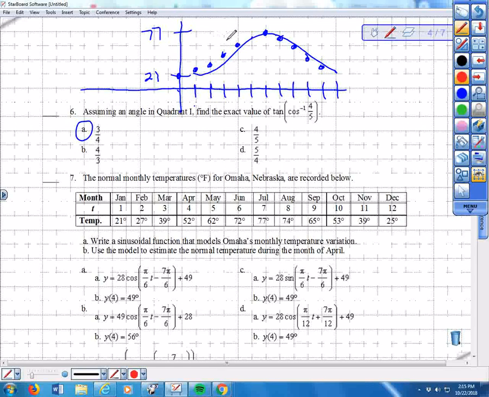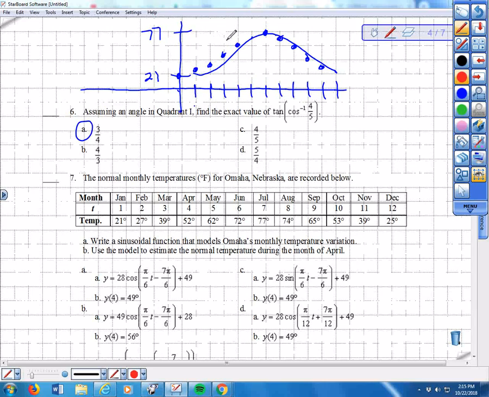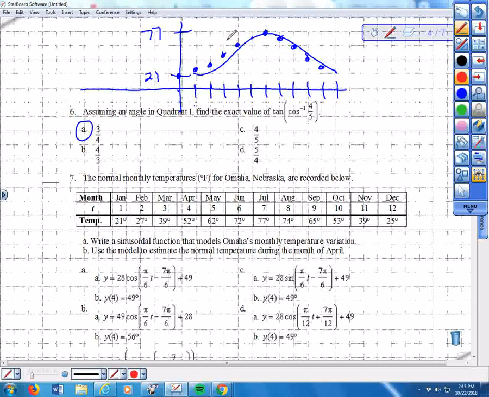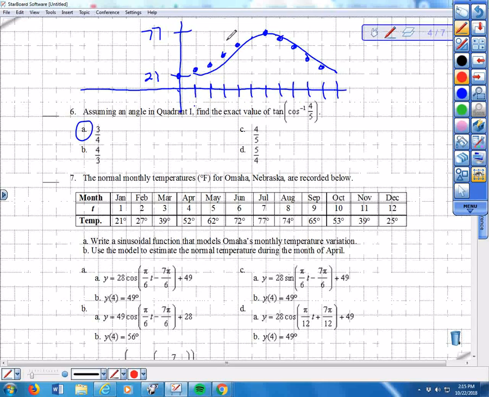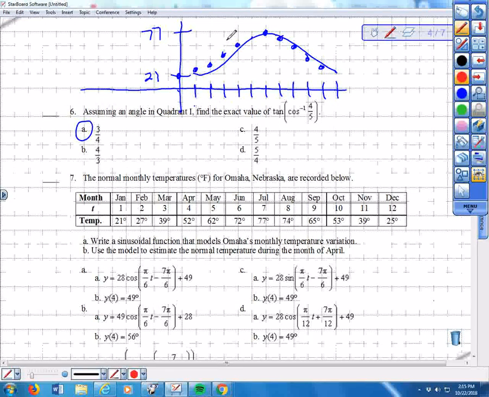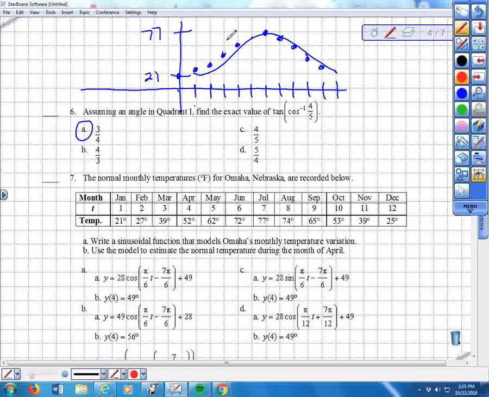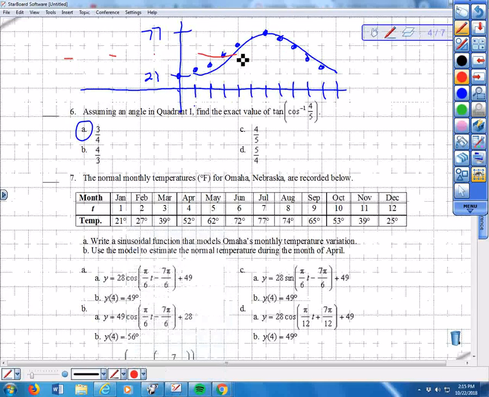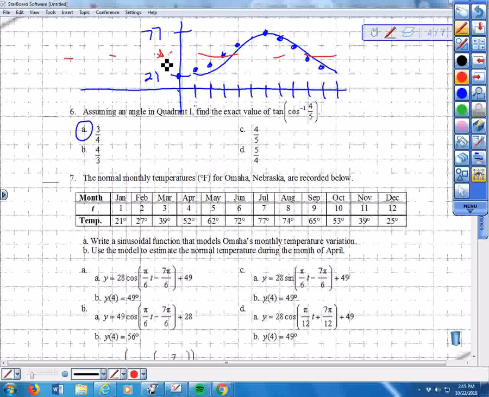Subtract the two, divide by 2, that'll tell me my amplitude, right? So 77 minus 21 is 56. So 28 is my amplitude from midline, but I'm already up 21, so 49 is my midline.